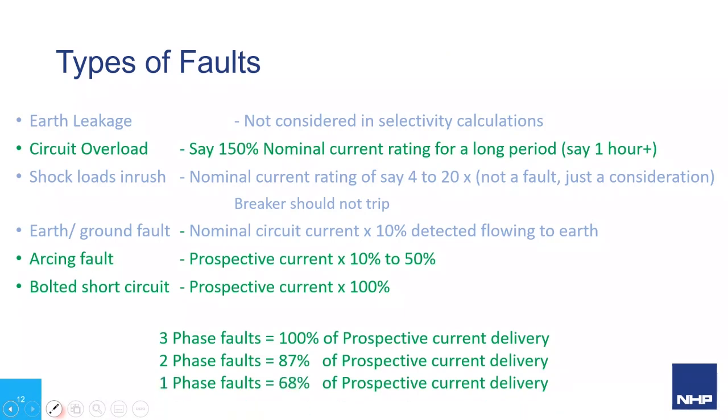Single-phase bolted faults, of course, root 3, or 68% of the prospective fault current delivery. The type of fault can reduce this number to a very low level. This being the case, for high-risk applications, the system needs careful analysis, and the components chosen need to have specific behaviours to cover all contingencies.